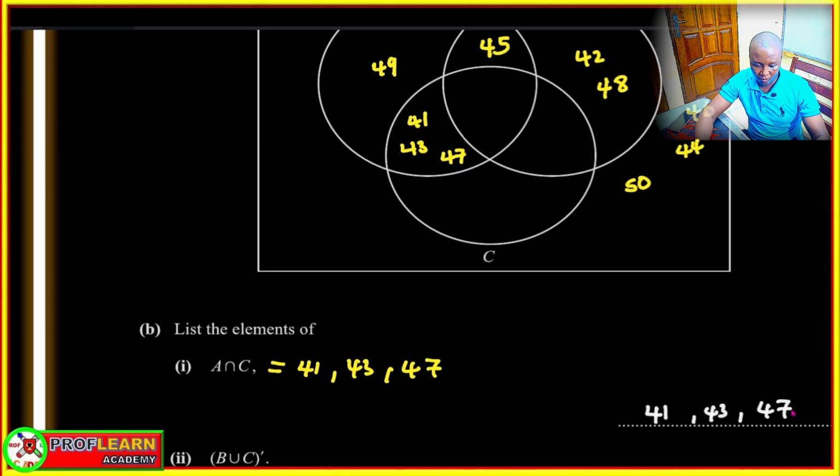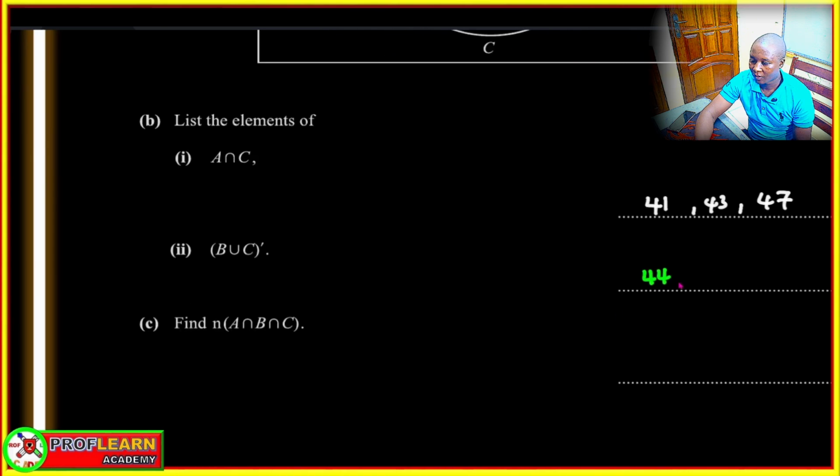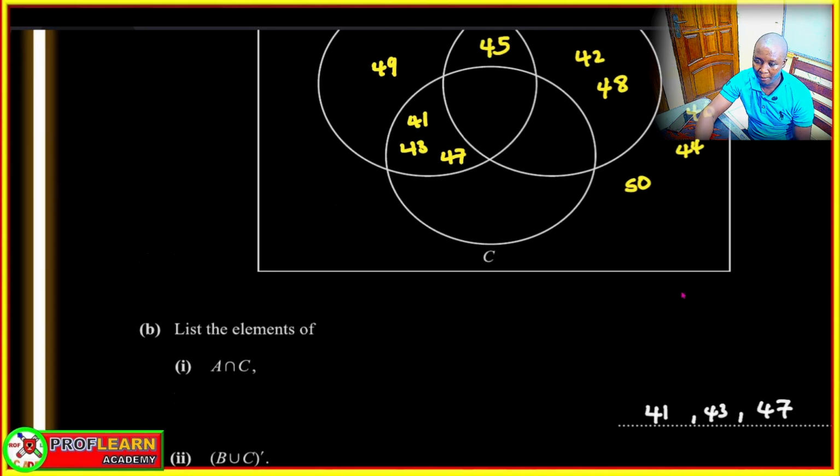Then we move to B union C. That's going to be 44, 46, and 50. B union C complement means anything that is outside B and C, which is 44, 46, and 50.